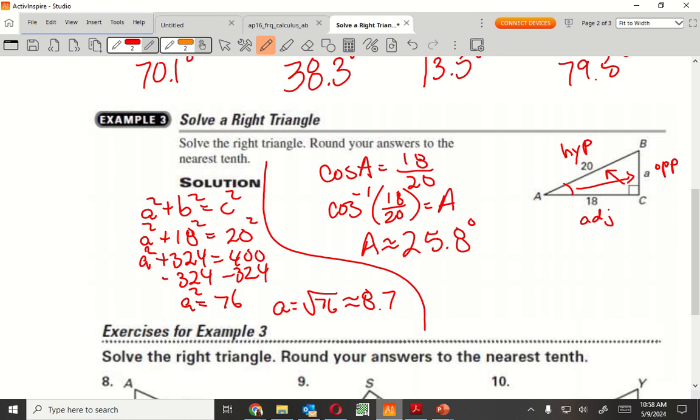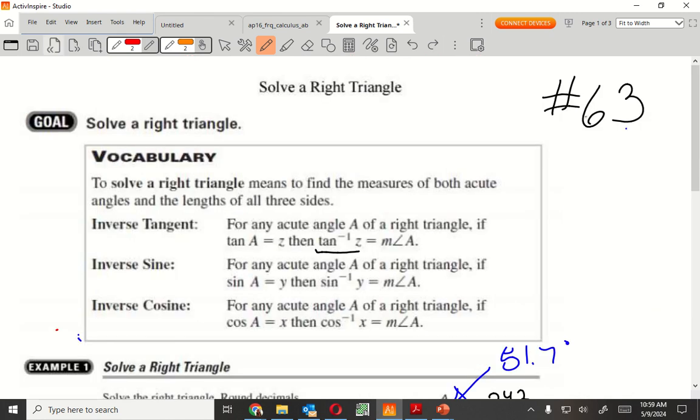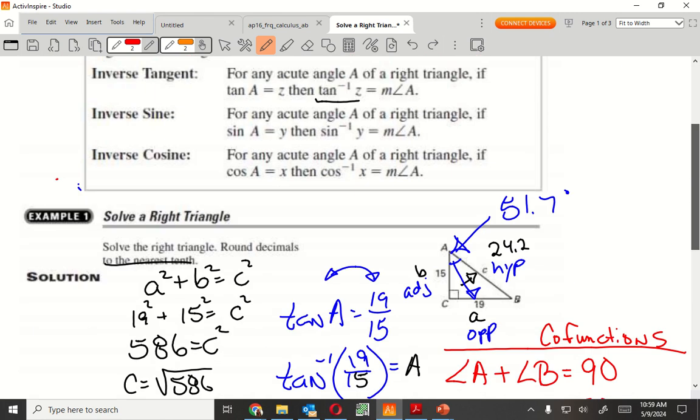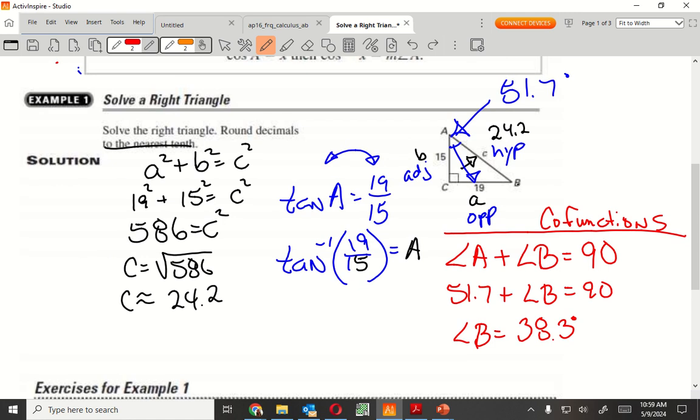Anyone write down that word? Co-function, that's what it was.